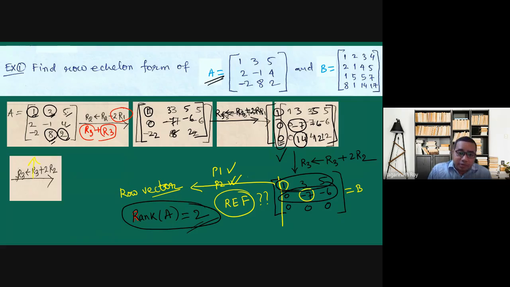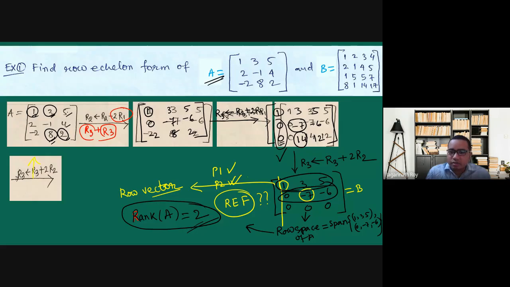That means the row space of A will be the span of these two vectors, 1 3 5 and 0, -7, -6.